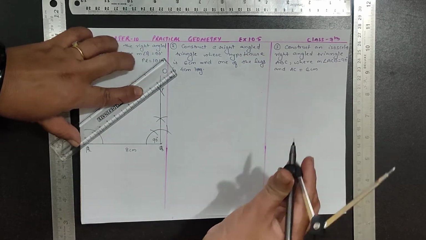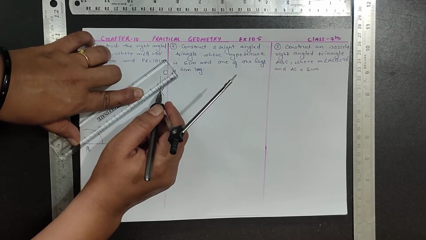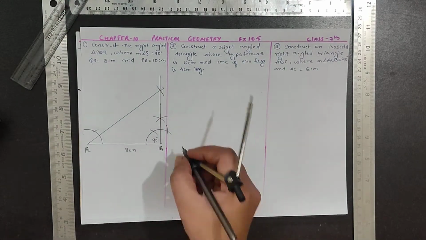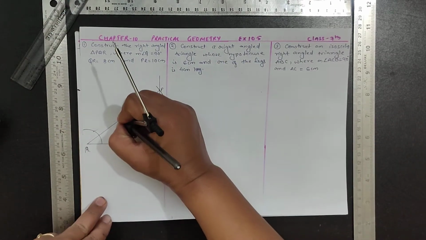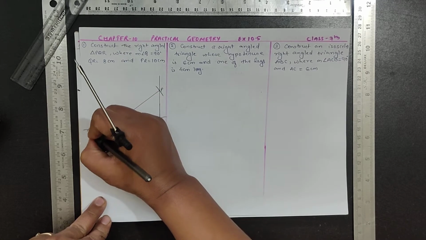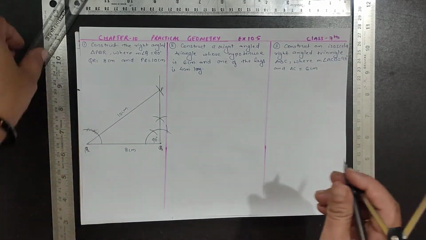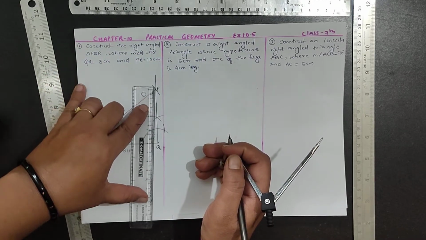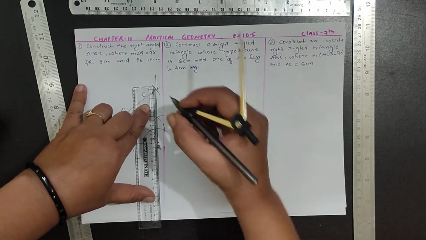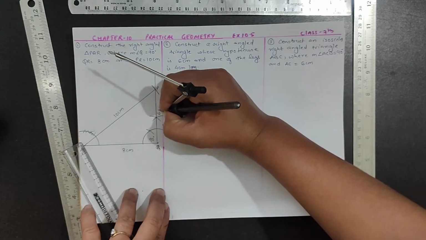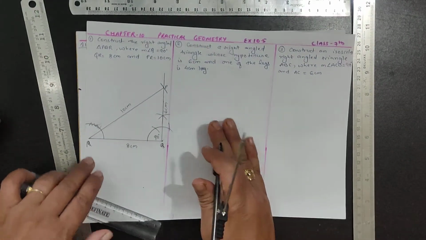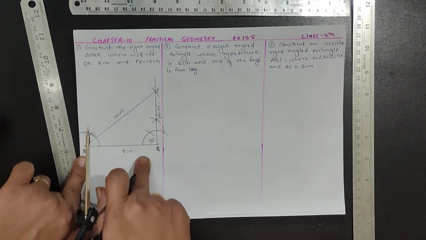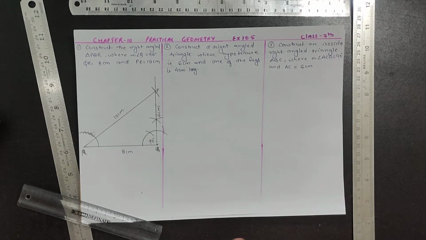So join this PQ. Then here it is 10 centimeter. Don't go for this step, please, and measure all the segments first. You need not measure the angles, but you need to measure the segments. PQ is equal to 6 centimeter, PR is equal to 10 centimeter, and QR is equal to 8 centimeter, which is given in your question.